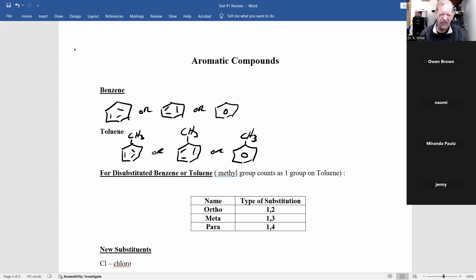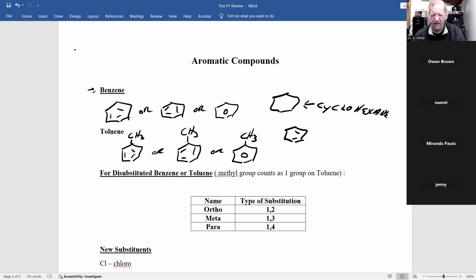Now, on a test, if I ask draw the structure of benzene, this is very important, and you do that, I'm going to mark it wrong because this is cyclohexane. If I ask draw the structure of benzene, you need to put the double bonds in there or the circle.